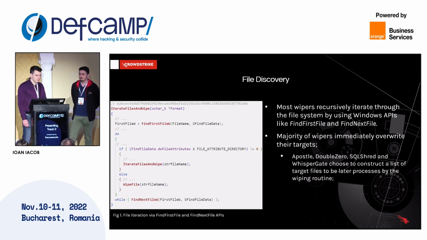I'm going to start with file discovery. This is a technique that is seen in most of the wiper families out there. It would need to iterate over the entire file system in order to find the target files and the target drives that it needs to wipe.